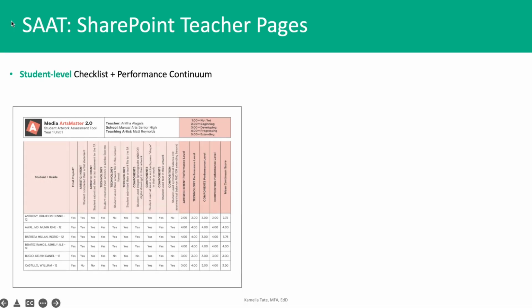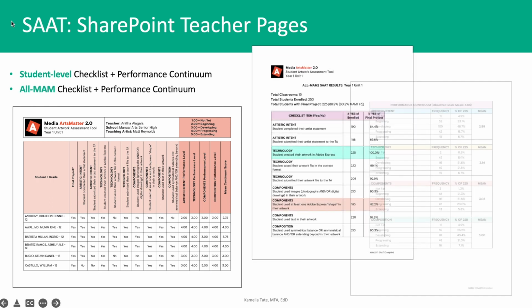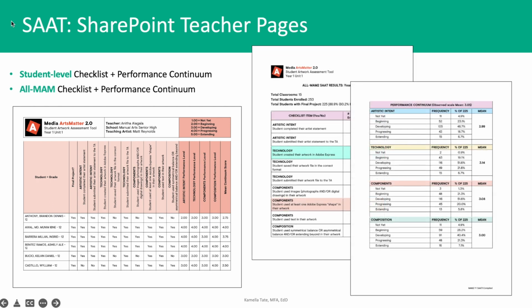They're using their new knowledge in creative and novel ways. And after you finish your assessment of the student work, we also provide those materials to you. A student level checklist and performance continuum, along with an all MAM checklist and performance continuum. So you'll have both the tool itself, and then you'll have the evidence of your student learning.